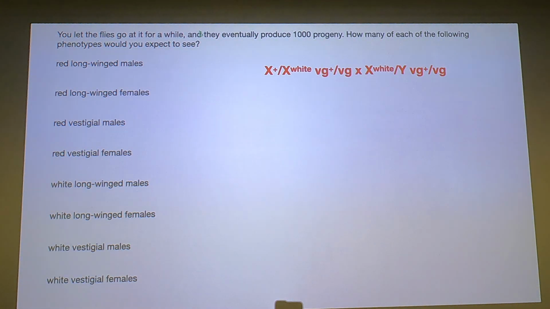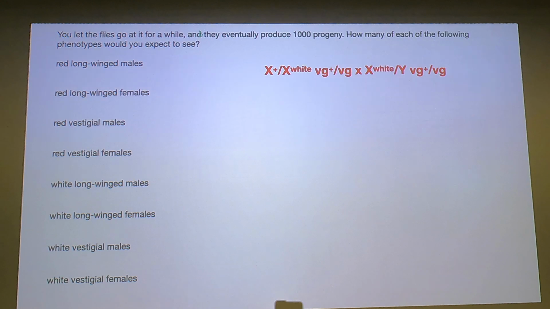Okay, so we got, if we just look at X, for instance, there's an X heterozygote, there's an X hemizygote, it's got white and Y. Just take that, solve that problem first. And then we got a heterozygote for vestigial, another one here, heterozygote for vestigial.